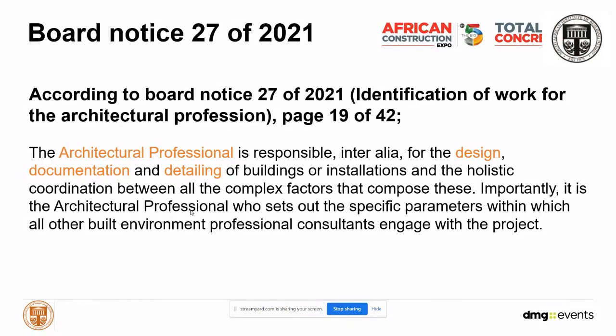Importantly, it is the architectural professional who sets out the specific parameters within which all other environment professional consultants engage with the project.